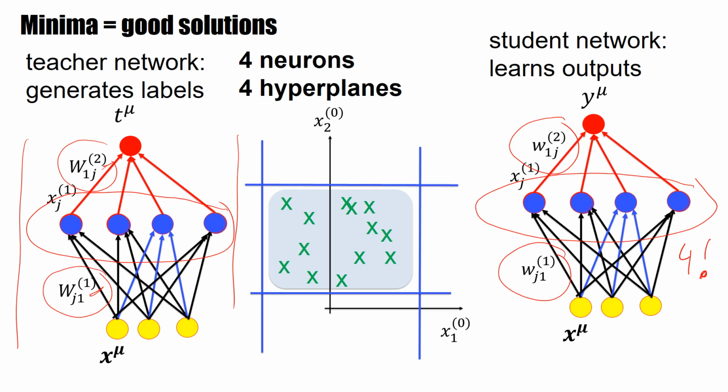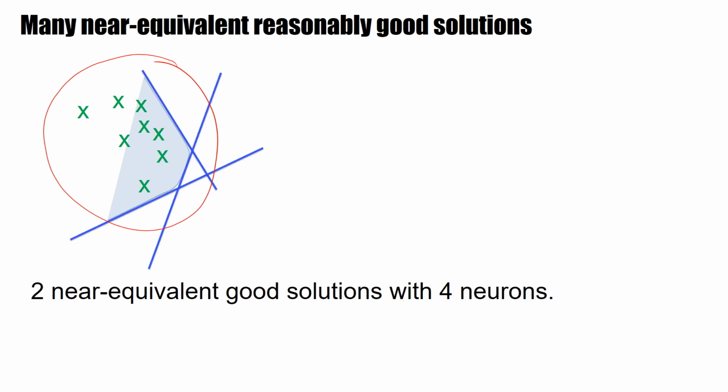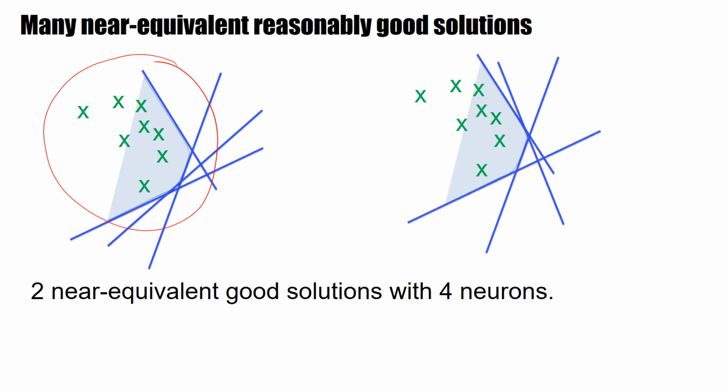However, normally data does not come from a teacher network. So in our example with real data, with cars versus non-car, data lies somewhere in this high-dimensional input space. And now I could use 3 neurons to delimit this, but if I have 4 hidden neurons, I could use the 4th neuron once to cut this angle. But I could also use my 4th neuron to cut the other angle. Now these 2 solutions are nearly equivalent in quality.